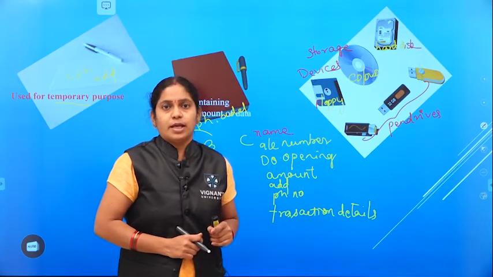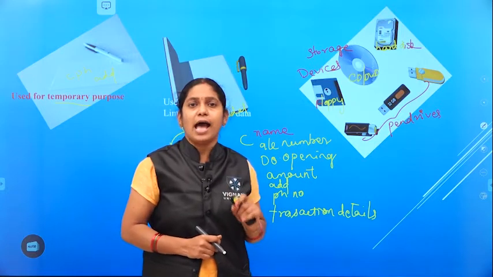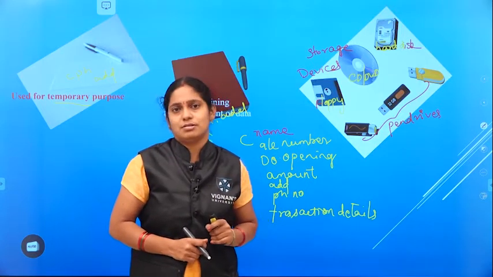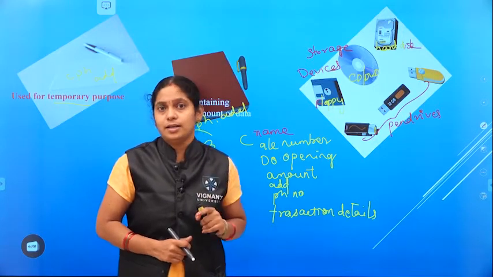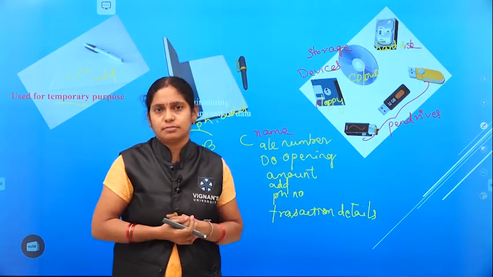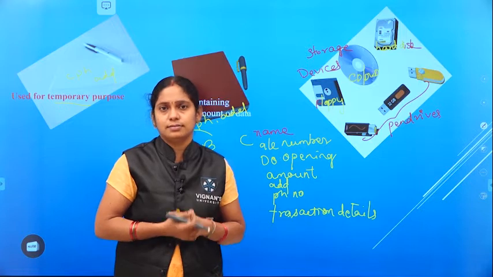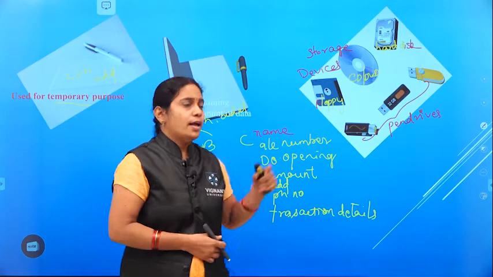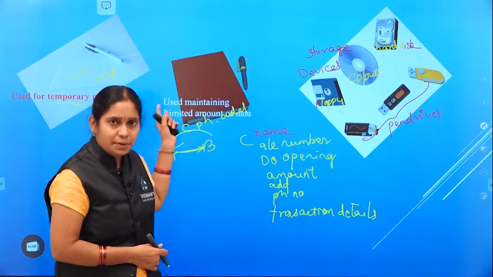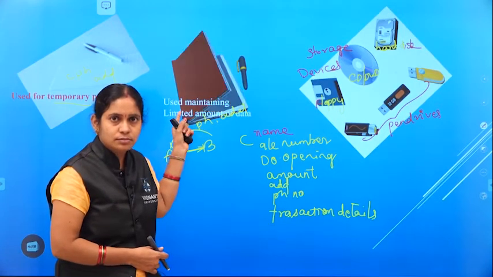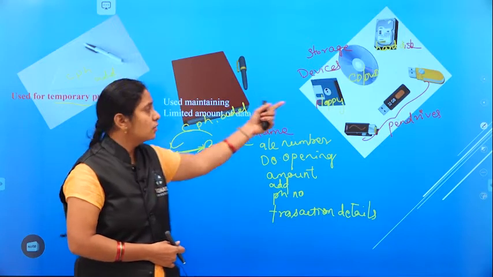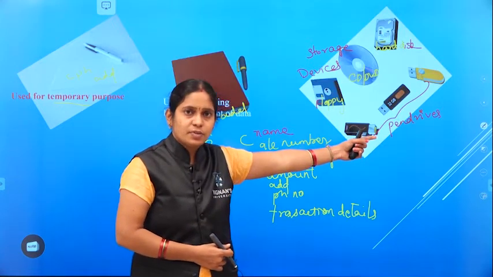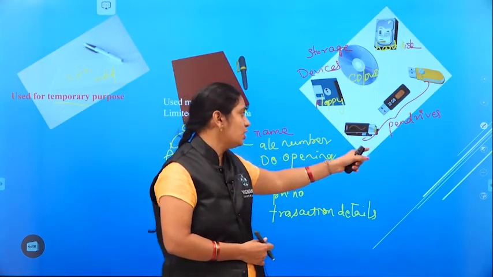Likewise, each branch itself has thousands of customers. Not only one customer or 2 or 10 or 100, thousands of customers. Then, are paper and pen sufficient? No. Book? No.